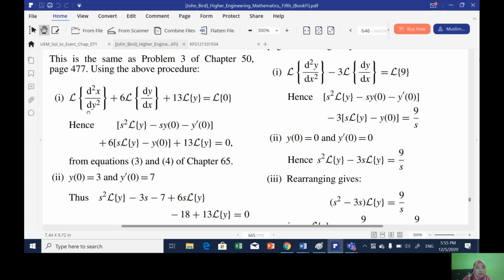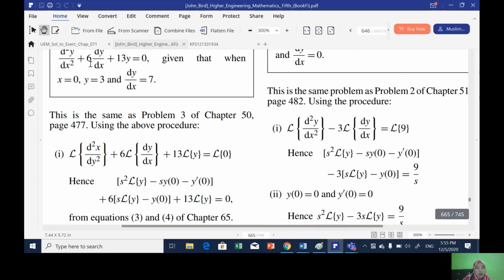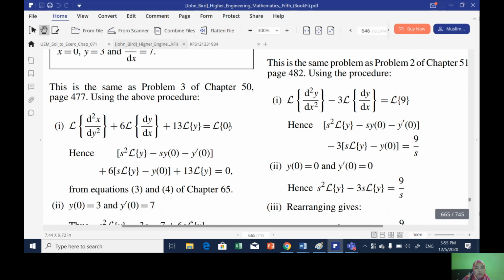So find the Laplace transform for the second derivative, and then there is the constant 6 in this equation, then apply the transform to the first derivative, plus the transform of y. We just write down the transform of y, and then transform the right hand side, which is 0. So find its transform.